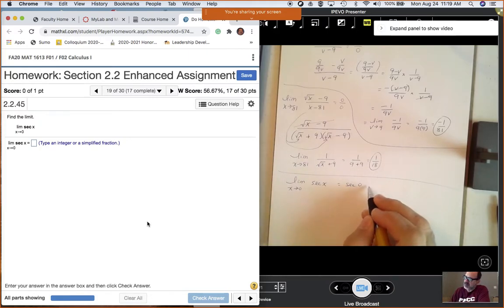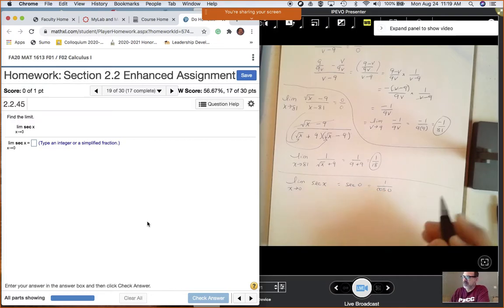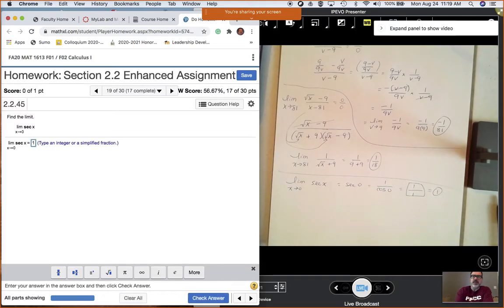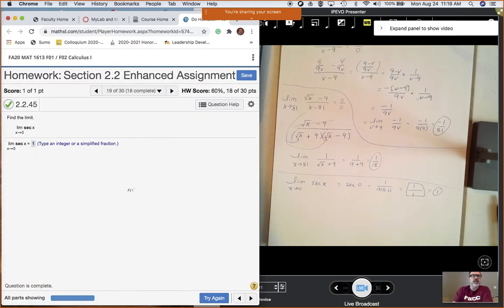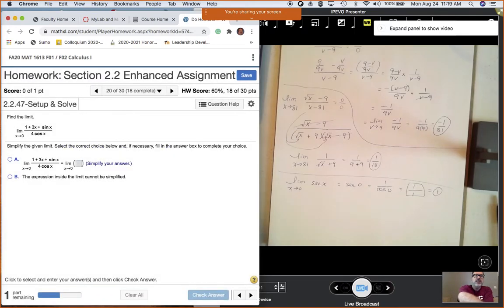The secant's 1 over the cosine, right? Cosine of 0 is 1. 1 over 1 would just give us a 1. Think about your unit circle. 0 degrees is at 3 o'clock. That's on the positive x-axis. The cosine on the positive x-axis is a 1.